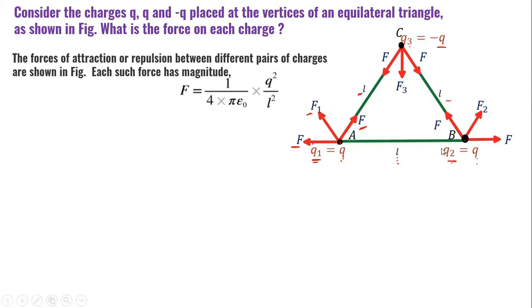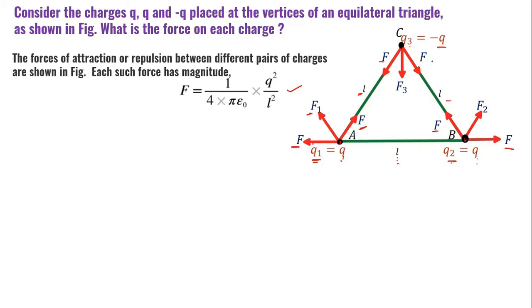Similarly, if we want to find the force acting on B, B will be under the repulsion force due to A, which is in this direction, and the attractive force F will be acting in this direction, whose magnitude will be the same. Similarly, if we want to compute the force on charge C, which is Q3, that is negative, the negative charge will be attracted by the charge at A and also attracted by the charge at B because they both are positive.